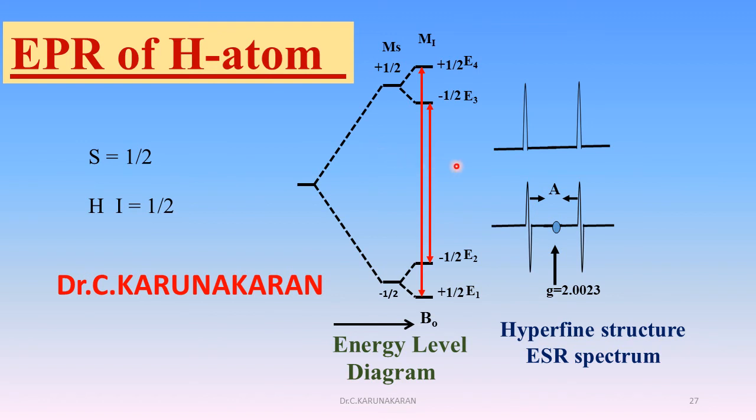Therefore, by following the selection rule, delta M_I equal to plus or minus 1, there are two transitions. Therefore, there are two signals obtained due to hyperfine splitting due to I equal to 1 by 2. The hyperfine splitting constant is calculated from the spectra as shown here.